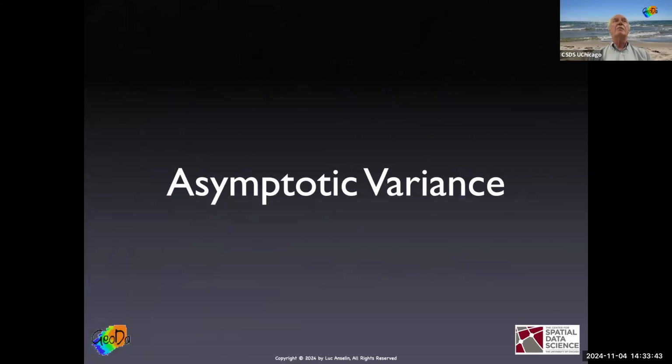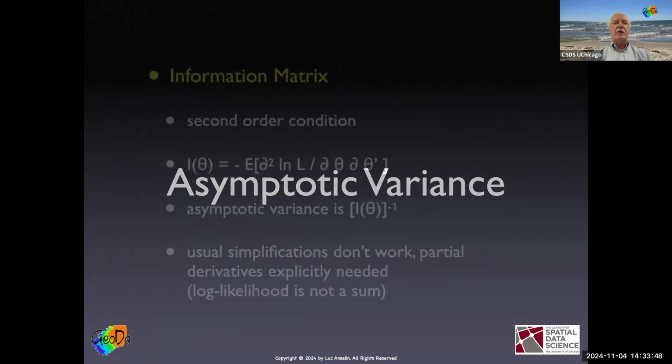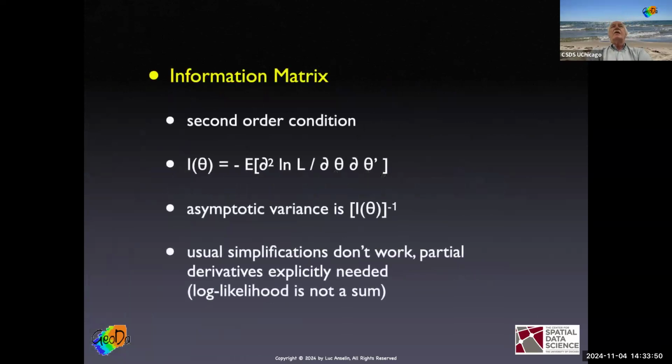Then we need to know something about the precision of those parameters. And that's where it gets complicated. That's where we get to our friend, the information matrix, which requires these partial derivatives and then evaluating their expected value. If you want to see how that works, you can look at my dissertation. It's very complicated.